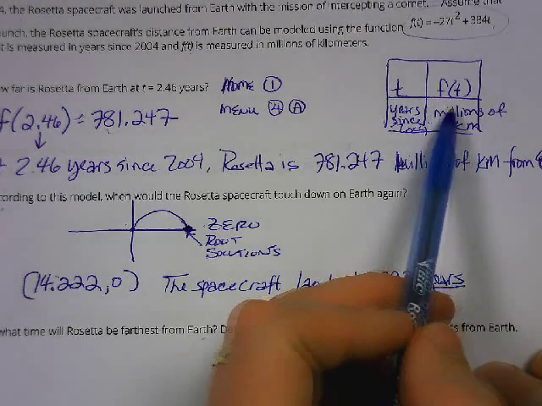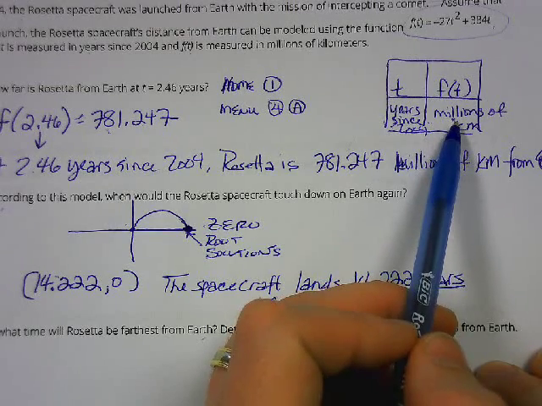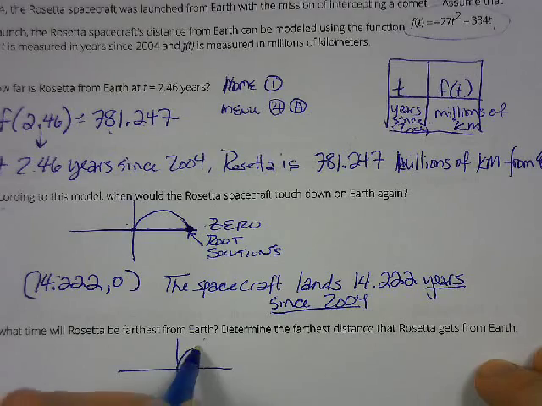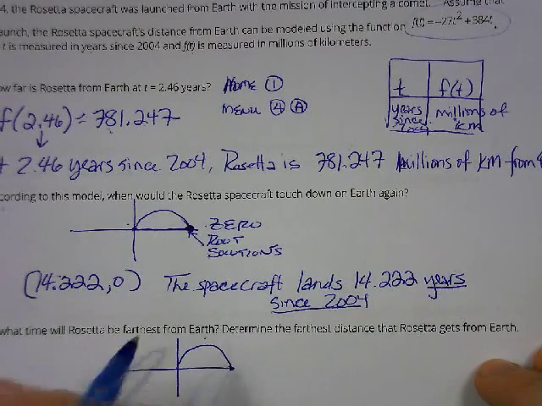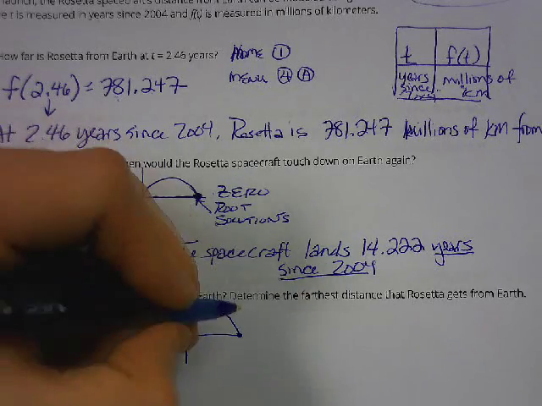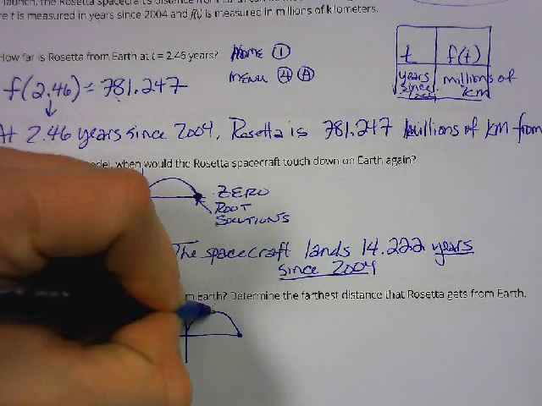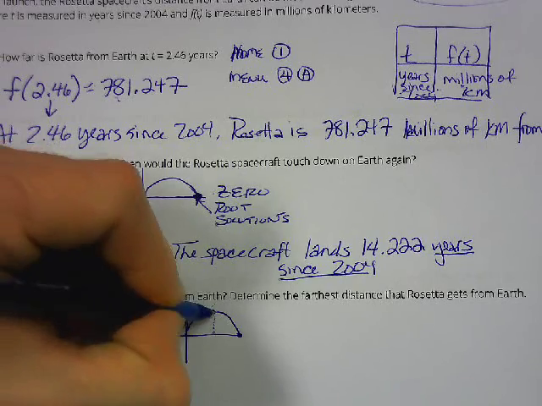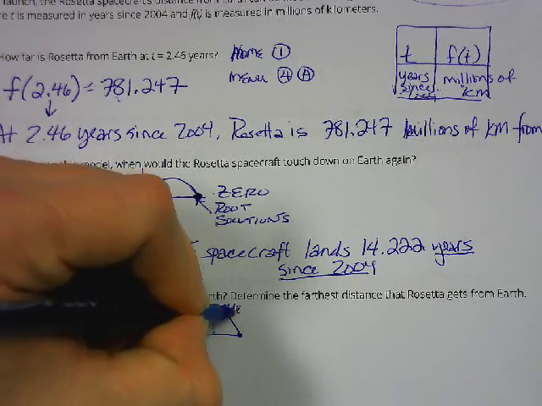So the point at which this graph shows that Rosetta is going to be the furthest away from Earth is actually this place right here, right? It has the greatest y value, the most kilometers from Earth. So this is called a maximum, and we're going to find that point on our calculator. So let's take a look.